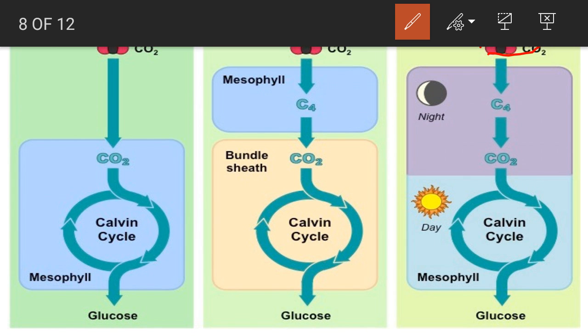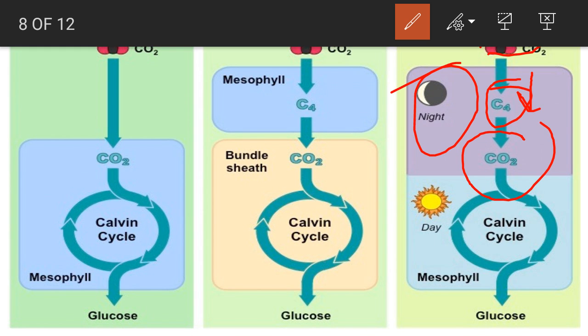Here carbon dioxide enters into a mesophyll cell and forms a C4 molecule, or C4 acid, in the night time, whereas this C4 acid gets decarboxylated and forms carbon dioxide, and this carbon dioxide gets fixed by the Calvin cycle in the daytime.